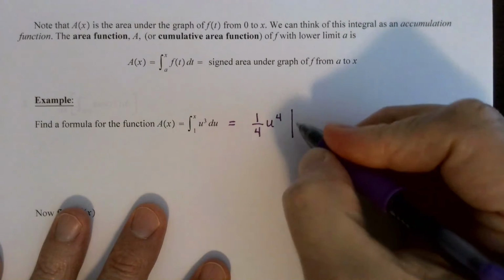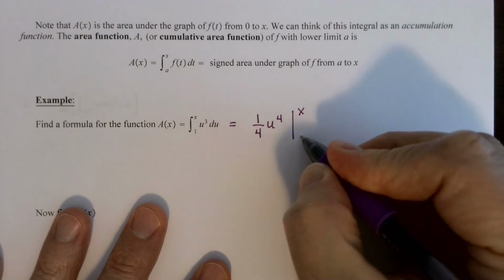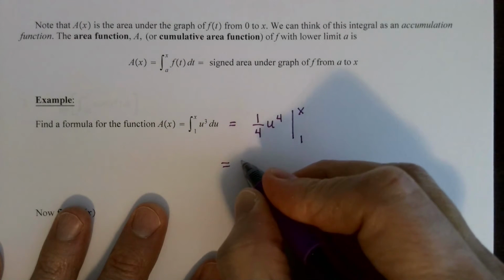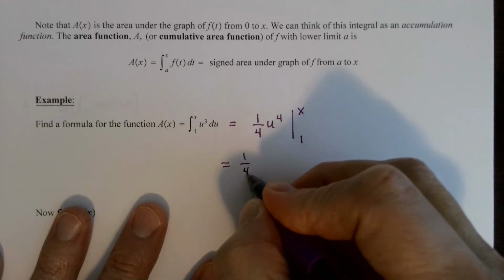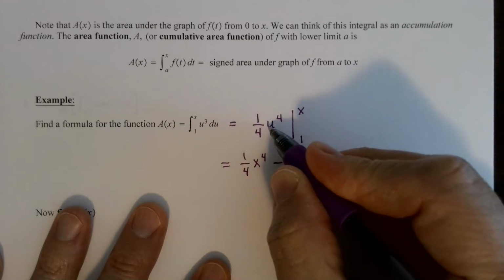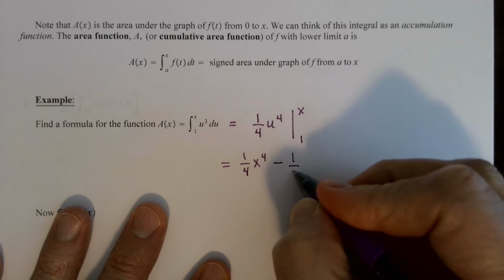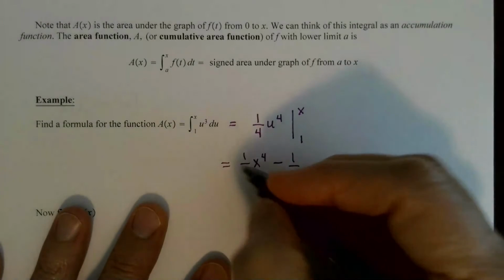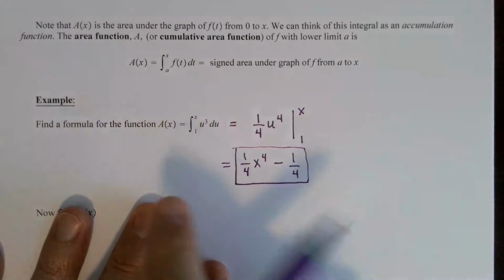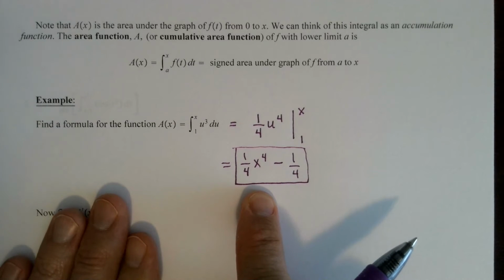And we're evaluating that at an upper limit of x and a lower limit of 1, right? So I replace u with x, get 1/4 x to the 4th, minus 1/4 times 1 to the 4th, which is 1, so I get 1/4. There is the function. A of x can be written this way, okay?